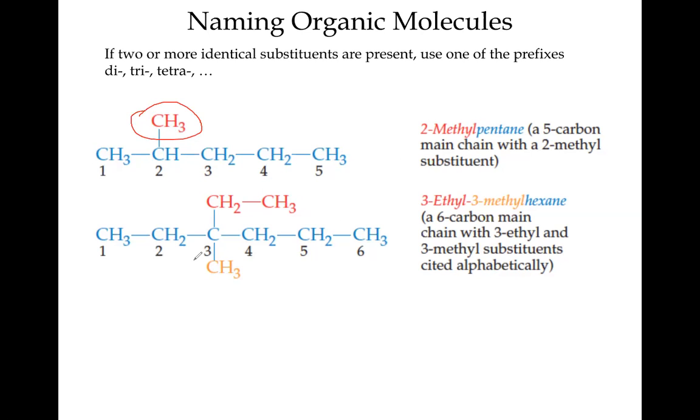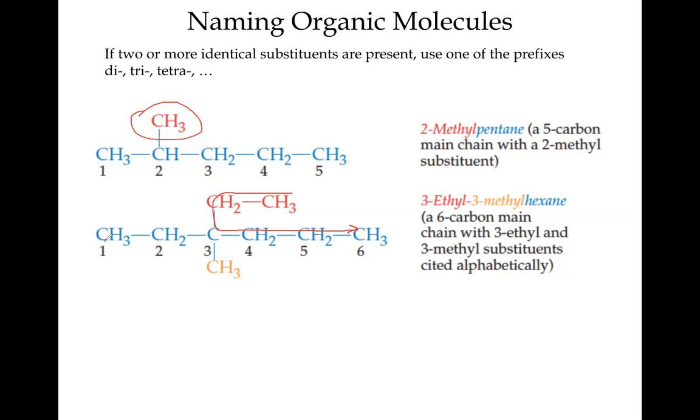Below, what do we have? We have our longest chain here being 6 carbons, so that's a hexane, right? Because if we numbered it 1, 2, 3, 4, 5, 6, that's also potentially the longest chain. And this is another case where we could number it either way, because it ends up being the same.